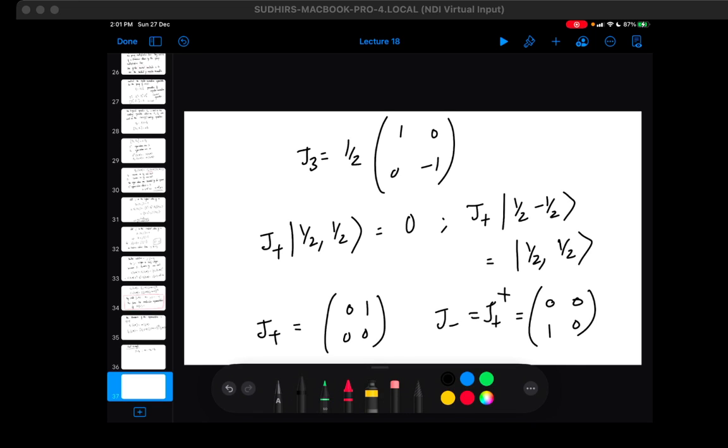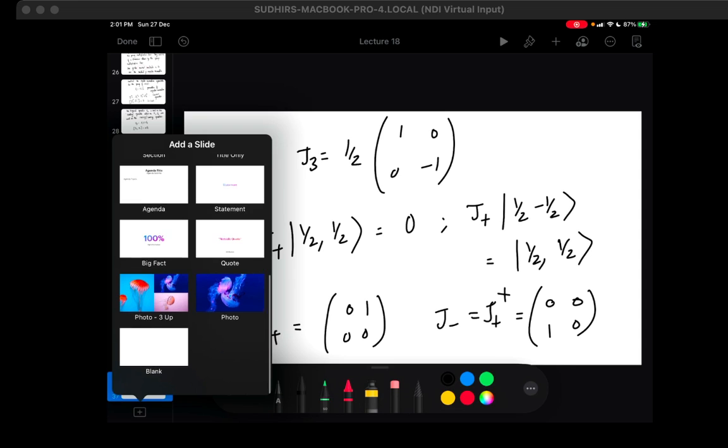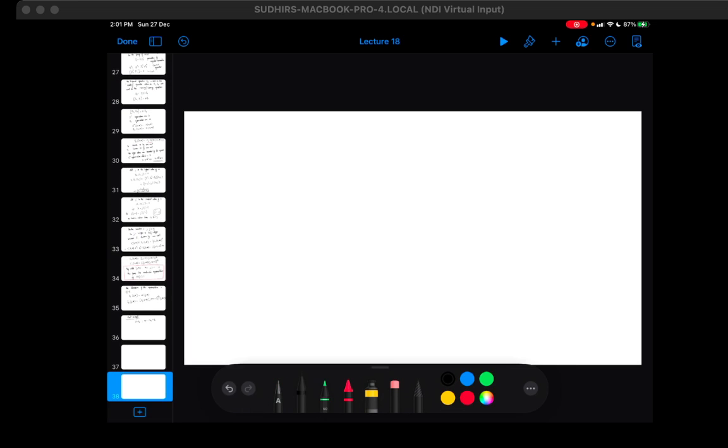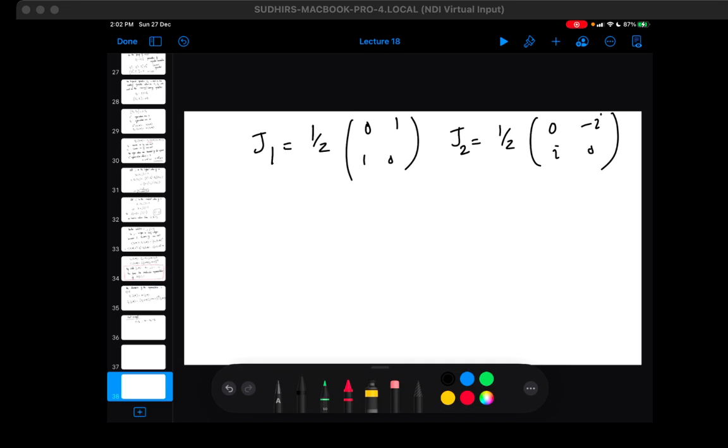Now let's construct j1 and j2. So j1 would be half times 0 1 1 0 and j2 would be half times 0 minus i, i 0.